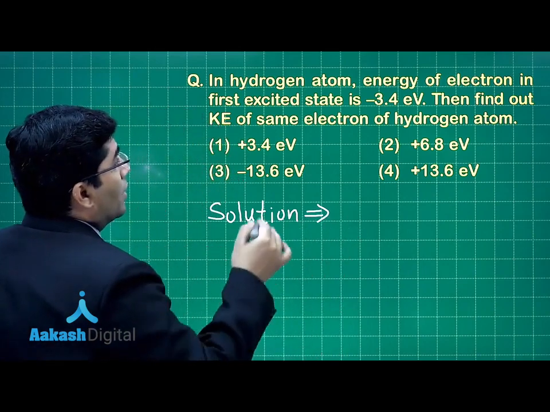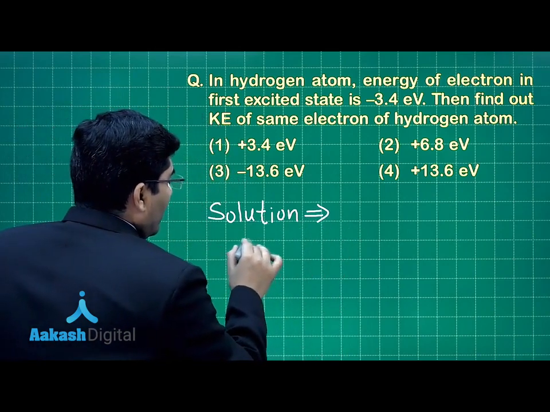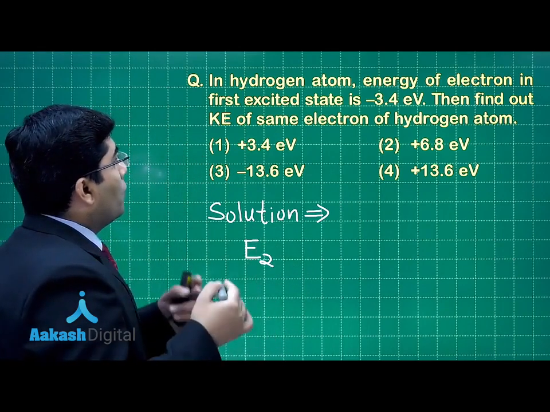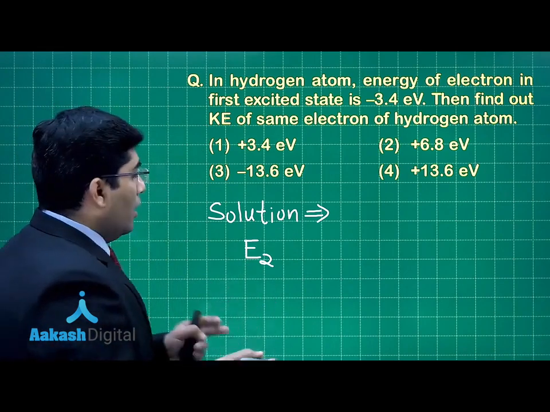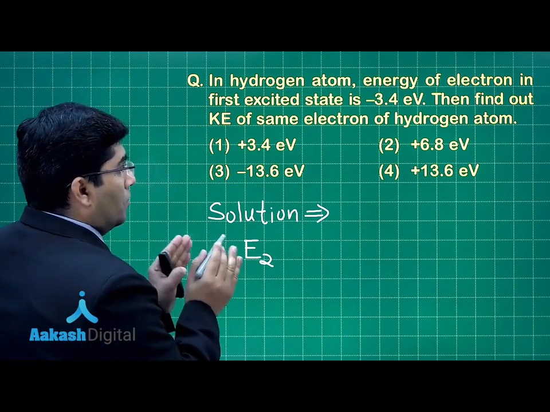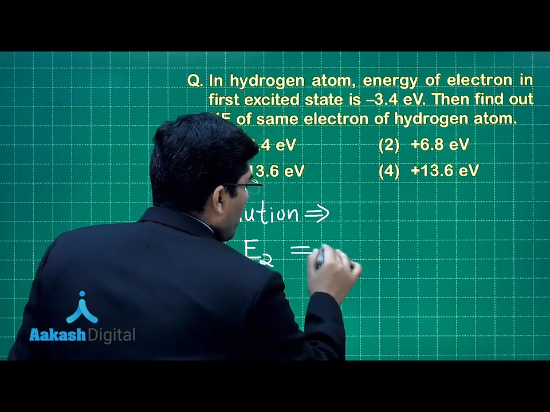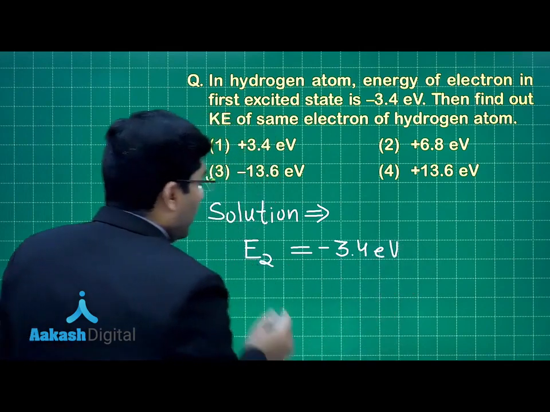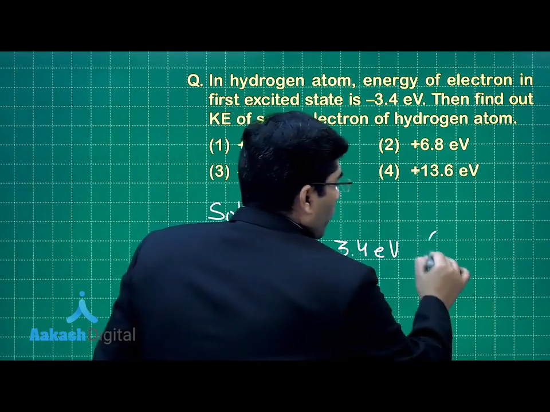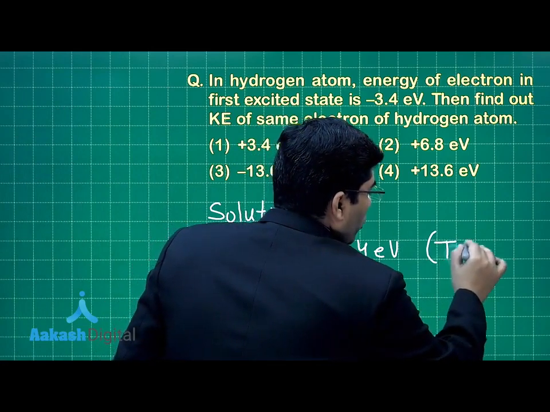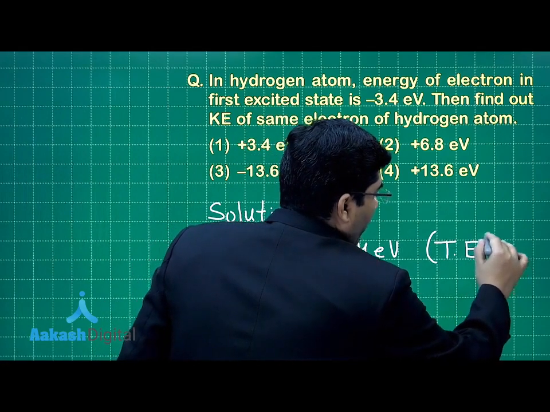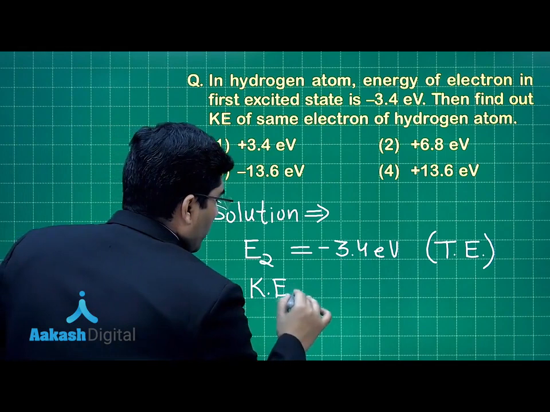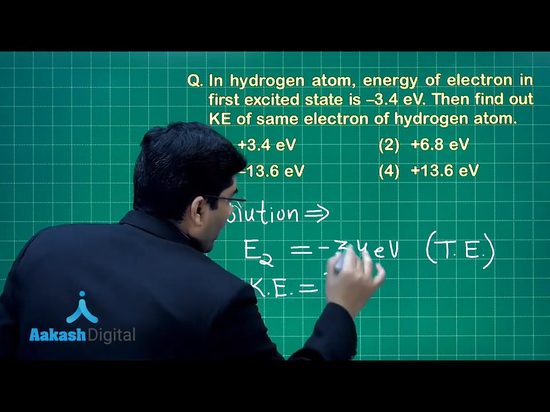Now what is given to us? It's given that the energy, let's say E2, because the first excited state is the second shell, then E2 of the hydrogen atom is equal to minus 3.4 electron volt. Now this is the total energy. And what we have to do is find out the kinetic energy.